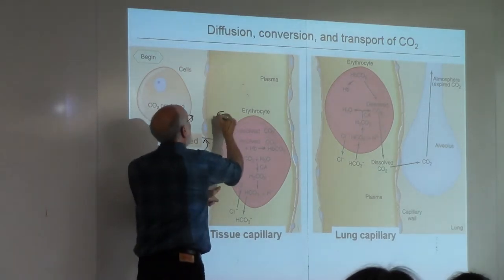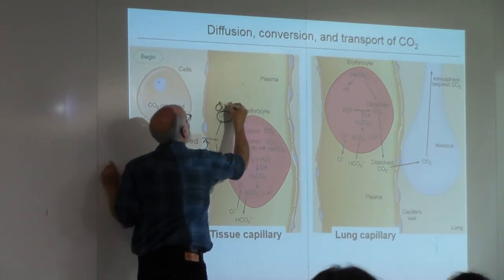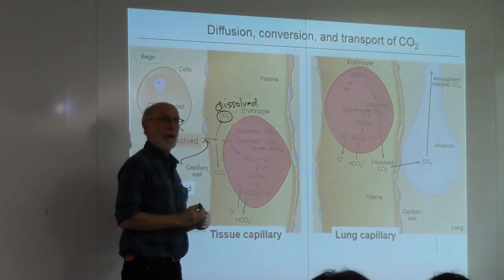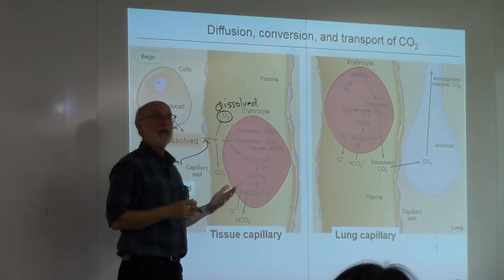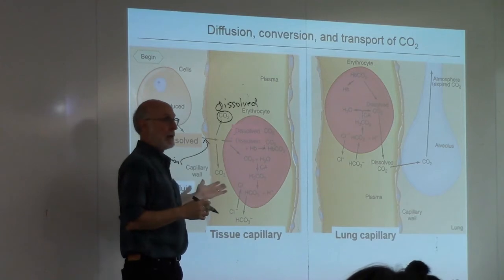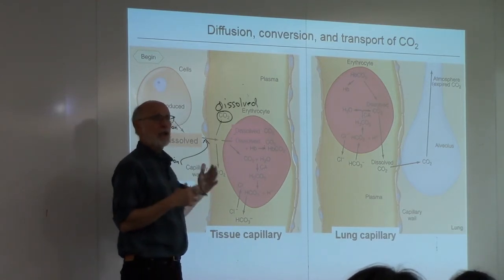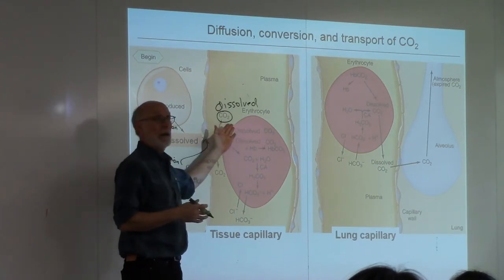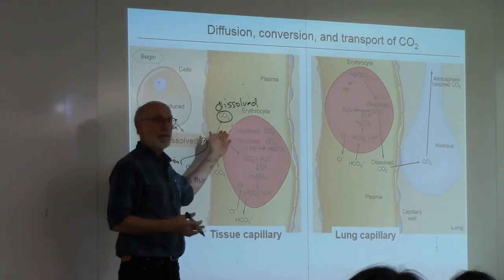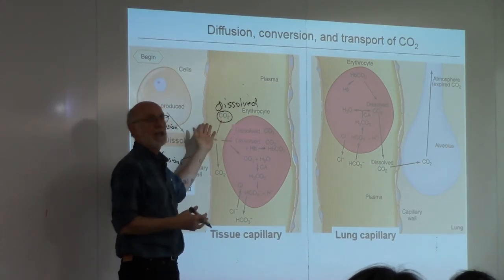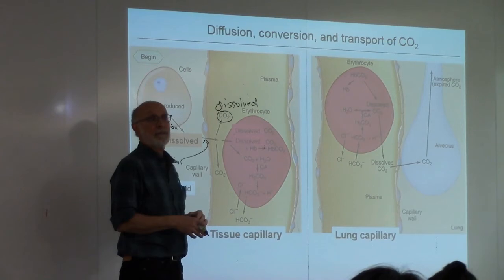It's just dissolved CO2. Remember, the partial pressure of CO2 in blood is 40 millimeters of mercury. That partial pressure of CO2 came from the solubility of CO2 times the partial pressure, which generated an amount or a concentration of dissolved CO2. Some of the CO2 is dissolved.